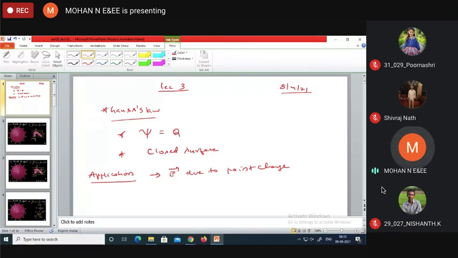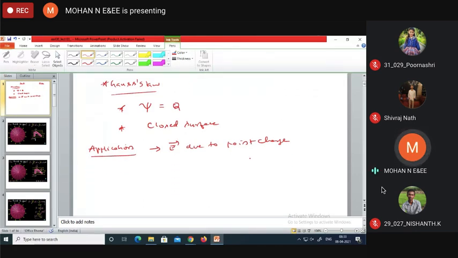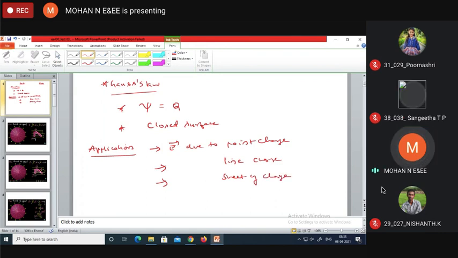So now we are left with finding E due to line charge and sheet of charge. How the Gauss law is useful in finding the field intensity.